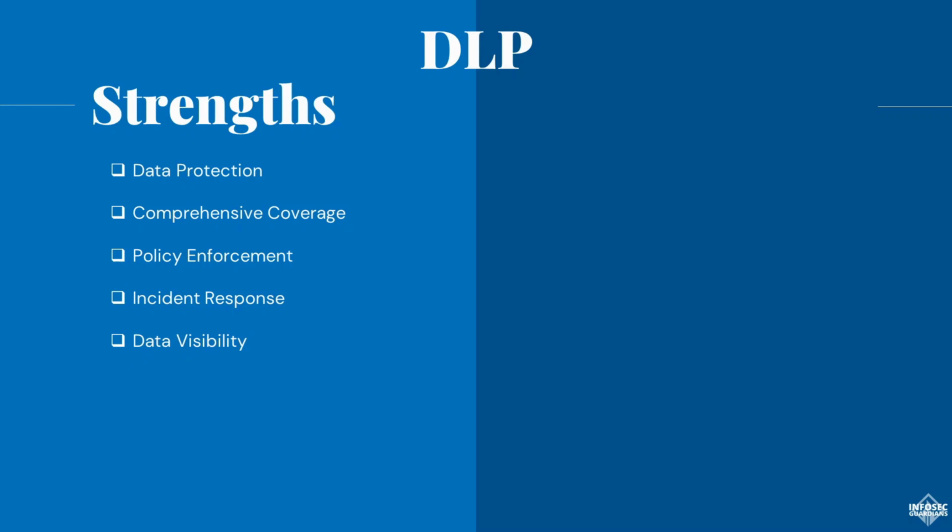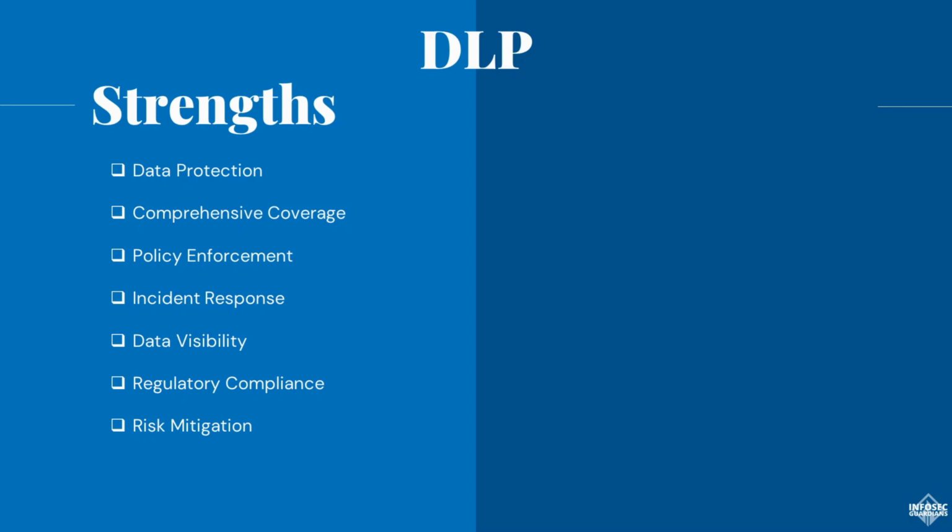Data visibility. DLP provides organizations with visibility into how sensitive data is being used, accessed, and shared across the network and endpoints. Regulatory compliance. DLP helps organizations comply with data protection regulations and standards by enforcing policies and preventing data breaches. Risk mitigation.